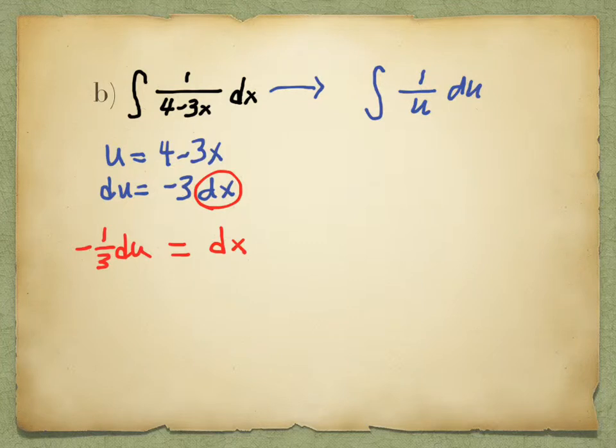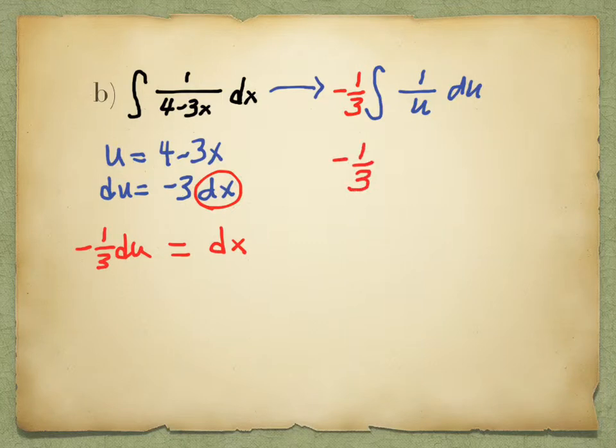Not just du, but negative 1/3 du. And I don't have to attach the negative 1/3 to the du. I can put it in front of my function, or in my integration if I'd like, just to make it a little bit cleaner. But there is going to be a negative 1/3 there, because the dx actually equals negative 1/3 of the du originally. Okay, so then I'm going to have negative 1/3 as part of my solution.